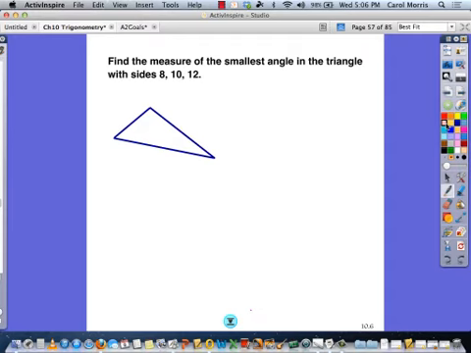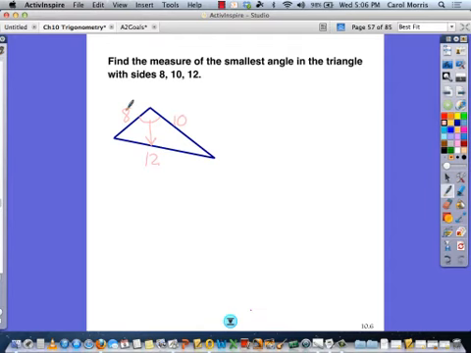But what we do know is that different edges come from different angles. So if we look here and we look at 12 being the biggest edge, then we know it has to be drawn out from the biggest angle. So in this case right now, there's our biggest angle, so therefore that edge has to be 12. And some of you just look at the edges. Well, that means then this has to be the 10 and the smallest one has to be 8. That's fine. But you have to be realistic in where things are at.